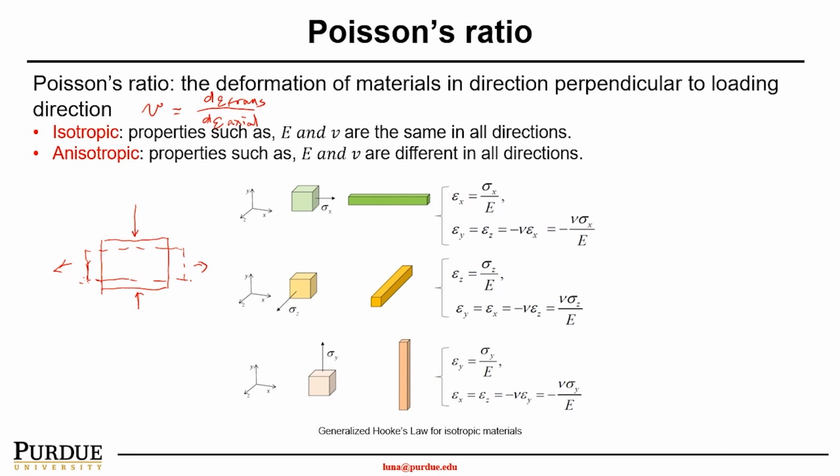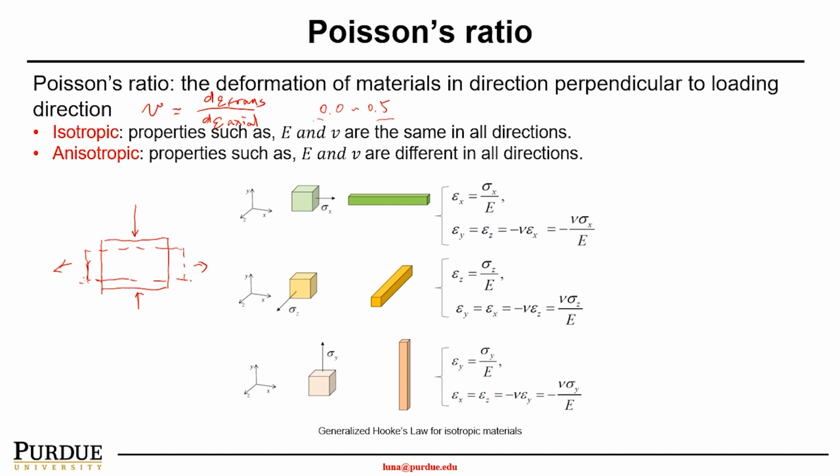For most materials, Poisson's ratio ranges from 0.0 to 0.5. It depends on the material property. For instance, rubber is typically on the higher end, and stiffer materials tend to go to the lower end.